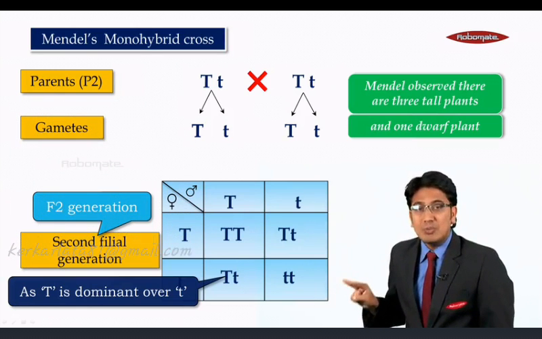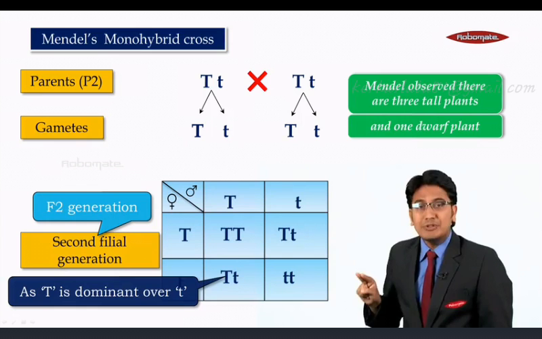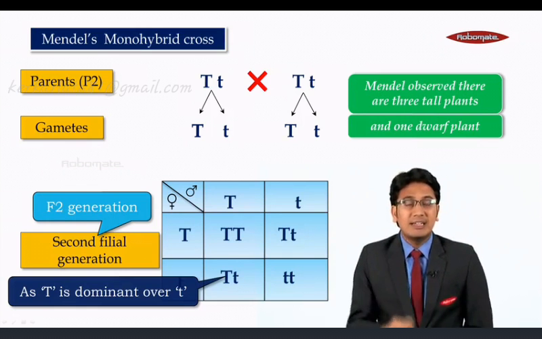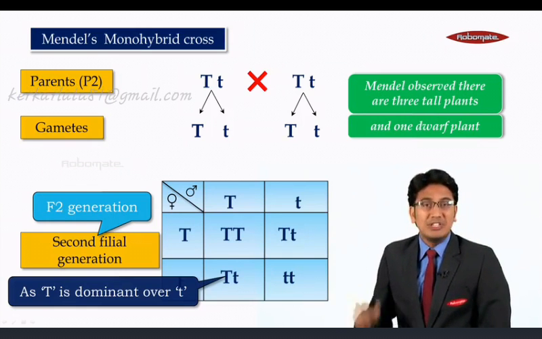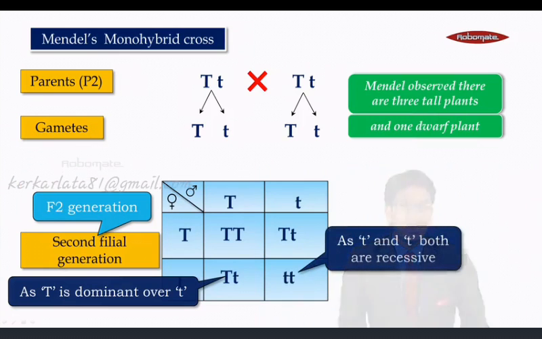So both the small t's come together and they create the new character of the plant, which is the dwarf plant.